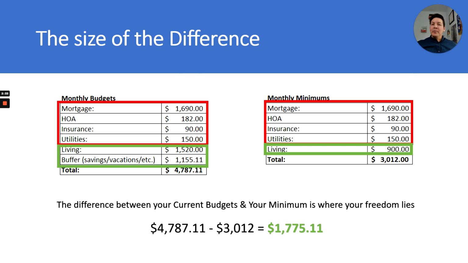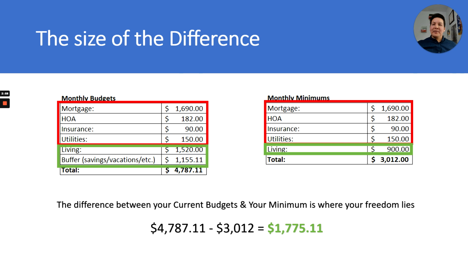Now this was done by studying our unique family finances and making that decision as a family. That way we are all on the same page should this survival mode ever become a necessity. So that's the difference between the required expenses, what you see here in red, and the flexible expenses, what you see here in green.